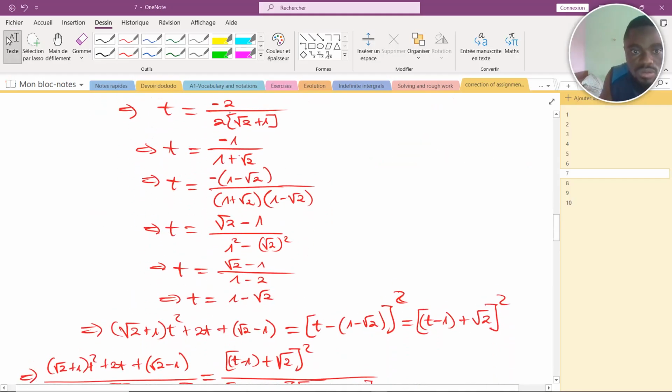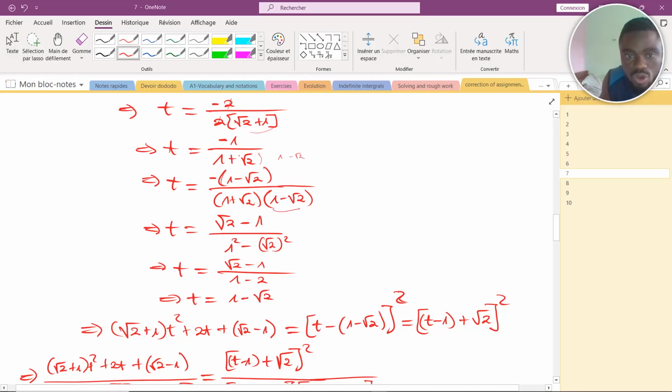Now this 2 will go with this 2. I'll be left with minus 1 all over, which I can write as 1 plus root 2. Now I will rationalize the third. I'll multiply top and bottom by the conjugate of this third, which is 1 minus root 2. Don't forget there is a minus here, so this minus will enter here.